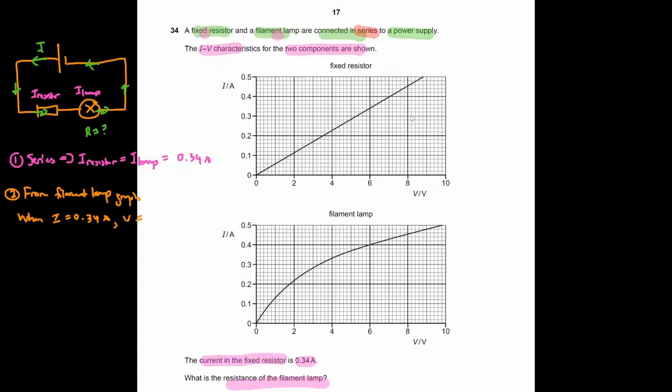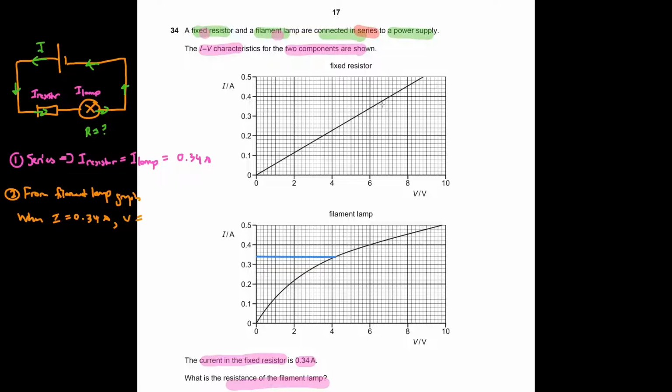So let's just try and see where it is. 0.34 is somewhere around here, if I'm not mistaken, because it's 0.1 divided by 5 squares. So each square is actually 0.02. Now if I want to get 0.34, it will be 2 small squares from 0.3.